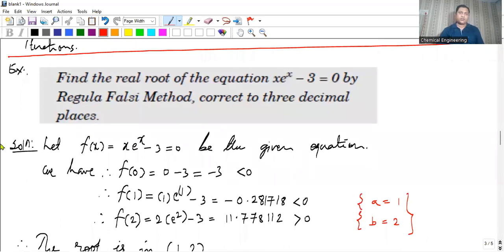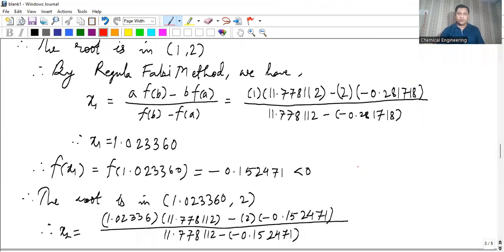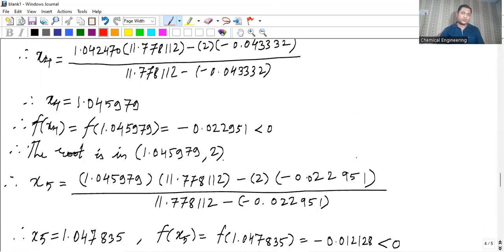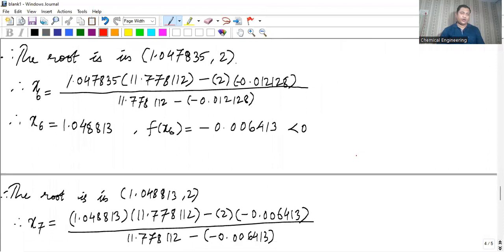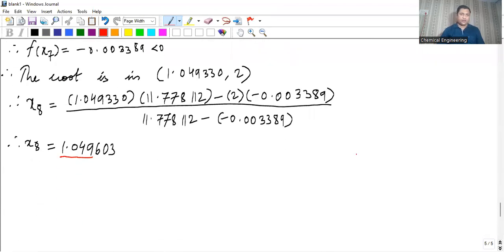The question is we have to find a root correct to 3 decimal places, and here we got the 3 decimal places. But you can see for this accuracy 10 to the minus 3, we have to calculate nearly 8 roots.